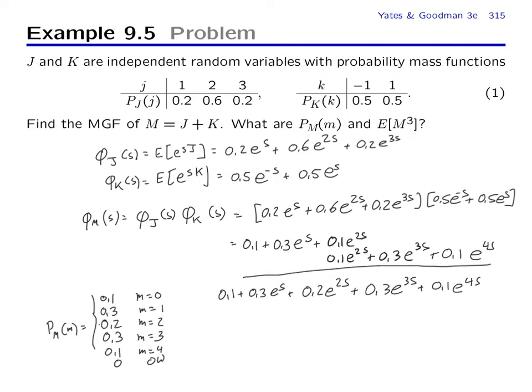The point is that the coefficients multiplying e to each power exactly correspond to the probabilities of this discrete random variable. Specifically, this 0.1 is this 0.1, and 0.3 at m equals 1 corresponds to this 0.3 multiplying e to the s, and 0.2 is this coefficient of e to the 2s, and so on. Taking derivatives and setting s equal to 0 will give you the moments of m.